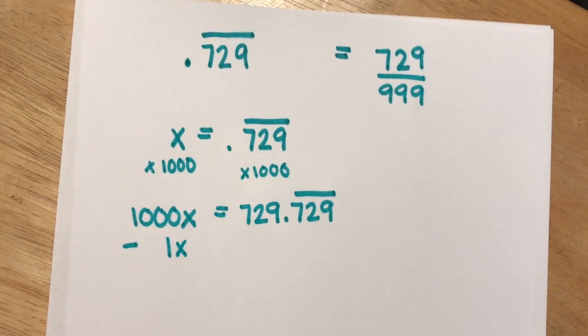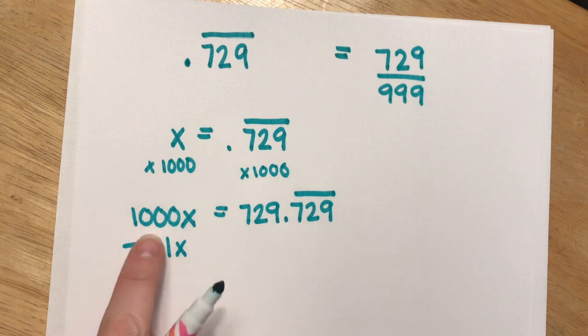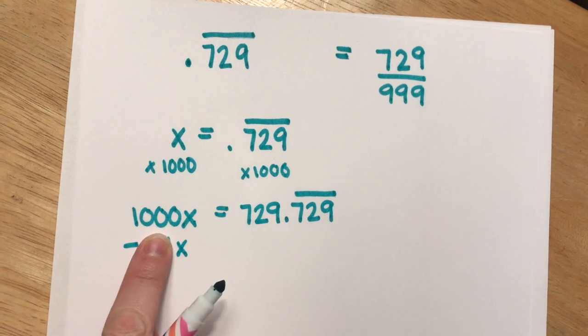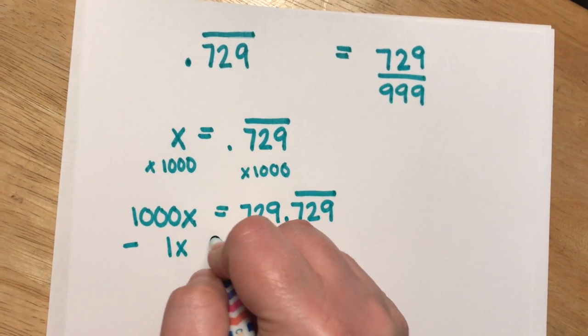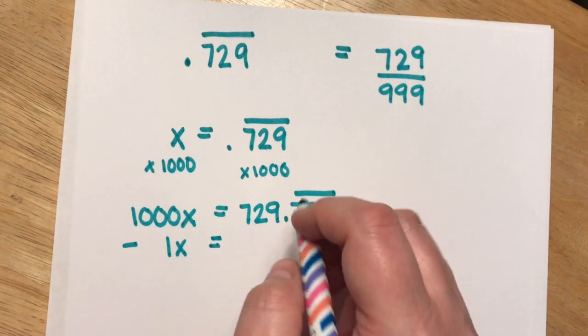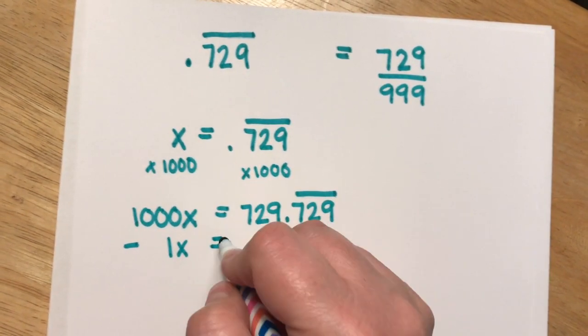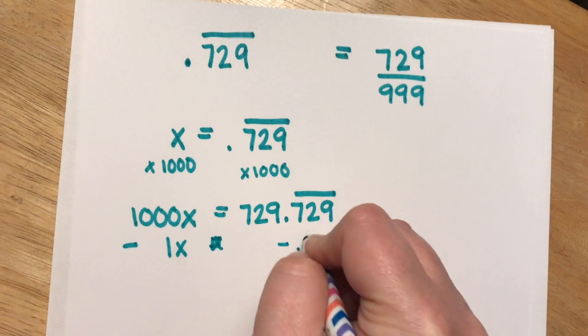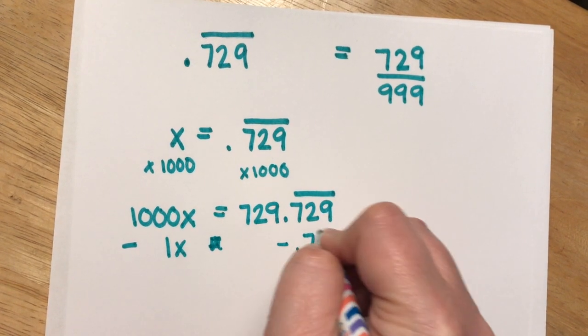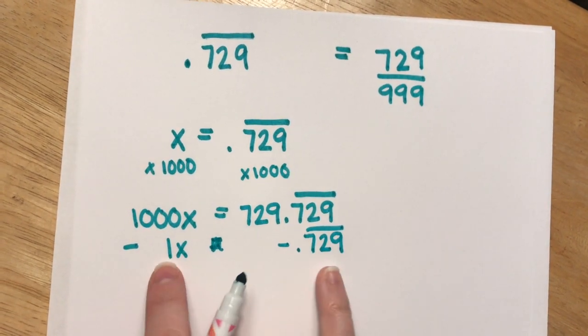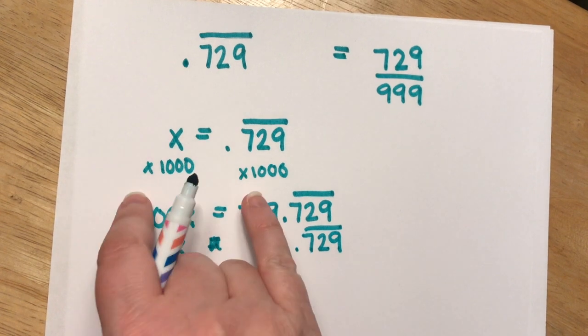I'm putting the 1x there so you see that I'm just taking away one of those x's, but typically you won't see that. You'll just see minus x, okay? Equals, on this side, I'm going to subtract 729 repeated. They're the same thing, right? See how they equal each other up here?